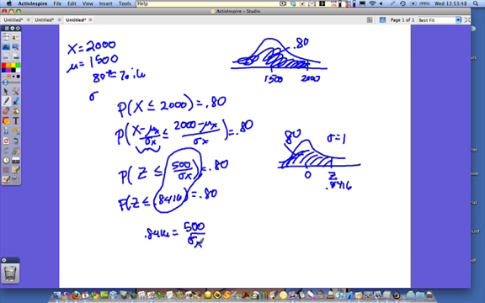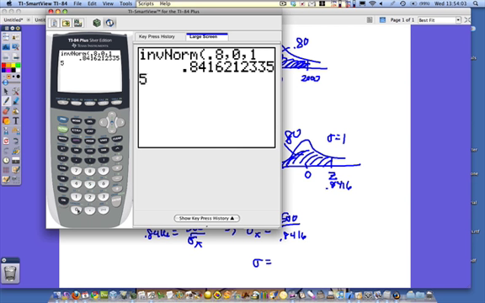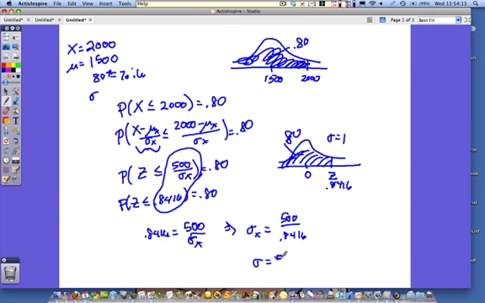500 over sigma of x, and doing some algebra, sigma of x is 500 divided by 0.8416, and so sigma of x is 594.1065.